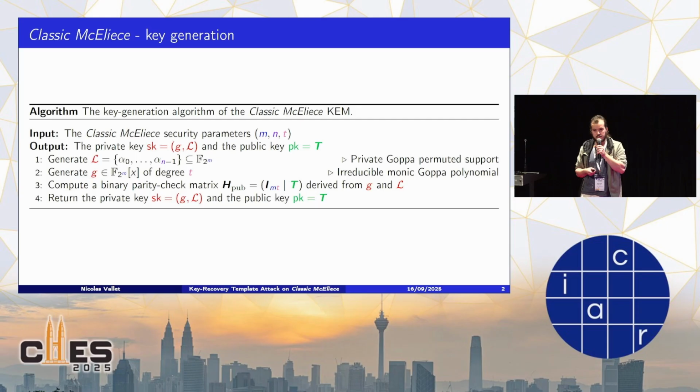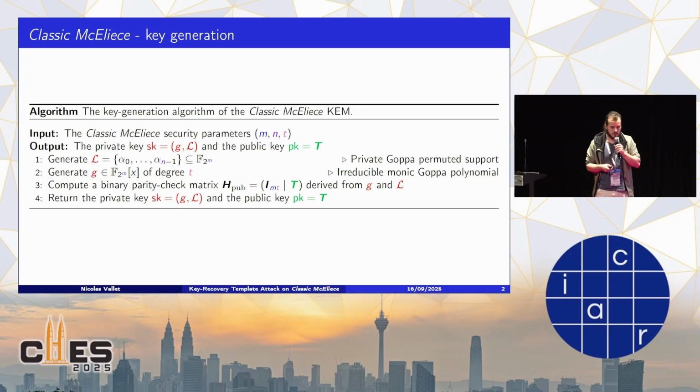It begins by generating a random ordered subset of n elements alpha of F of 2 to the power of m. That subset is called the permuted support. Then it will generate a Goppa polynomial g of degree t, whose coefficients are in F of 2 to the power of m.